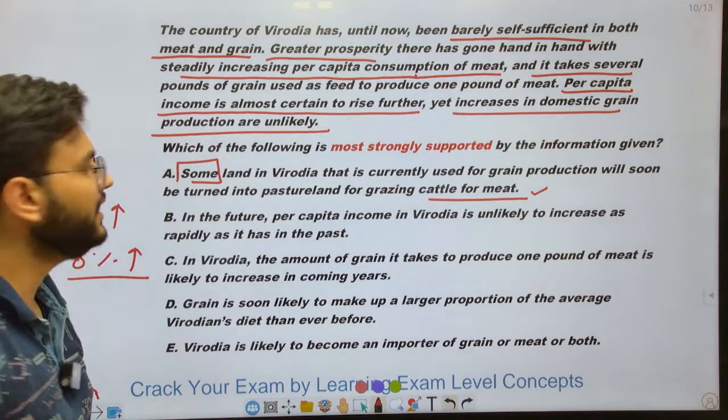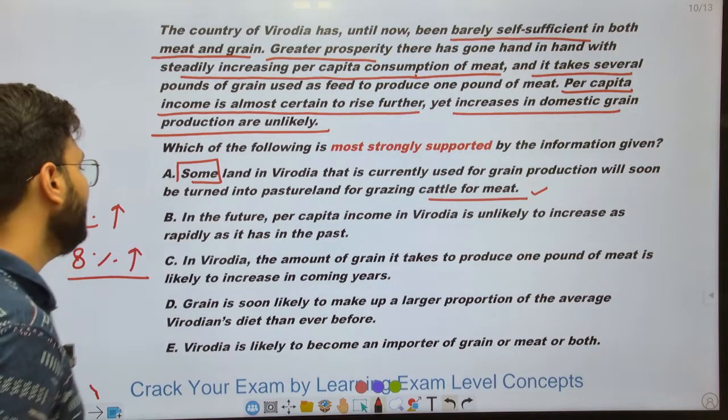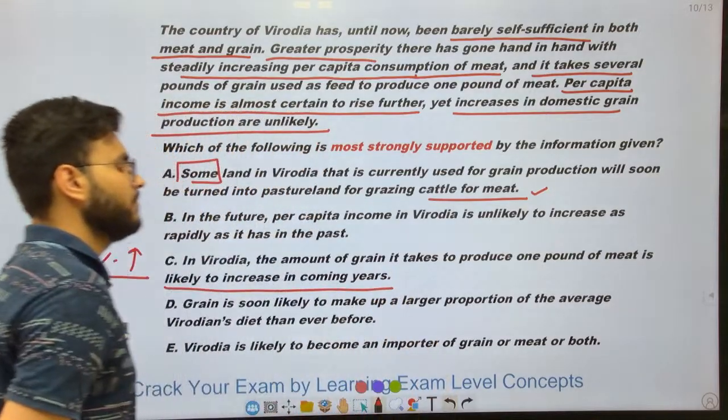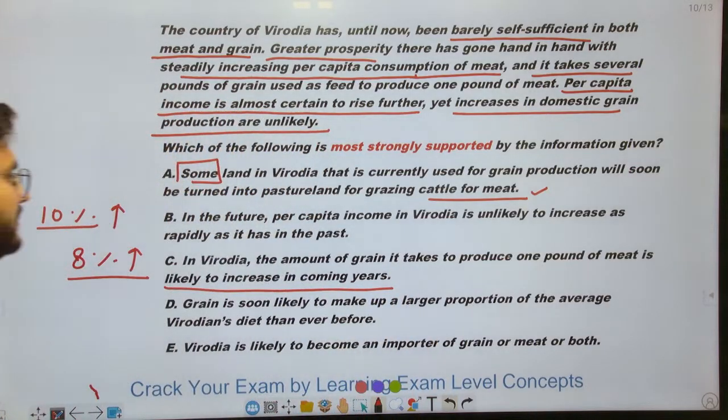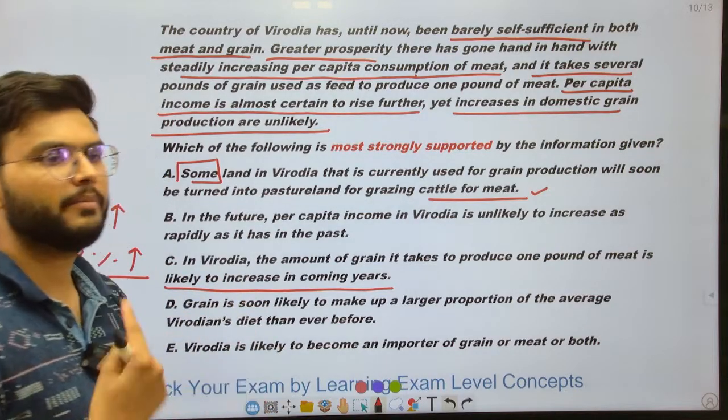No. Next, in Virodia, the amount of grain it takes to produce 1 pound of meat is likely to increase in coming years. Now, okay, first I know it takes several pounds of grain for 1 pound of meat.